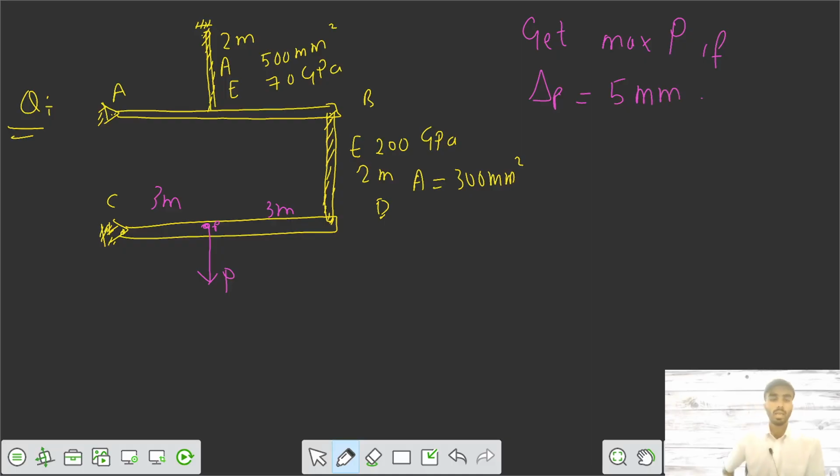It's saying get the value of P for which point P is getting displaced either downwards or upwards. We can see it from the free body diagrams, so that the net displacement at P is equal to 5 mm. Get the value of P.